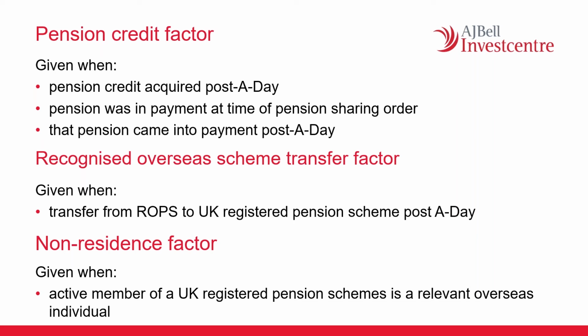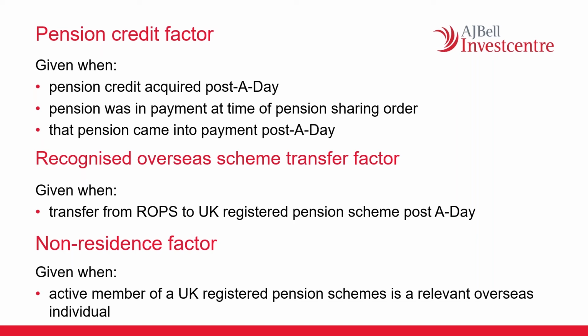If a pension sharing order then transfers them to the ex-spouse, it stops HMRC getting a second bite of the cherry of testing the same benefits twice because they're in different people's hands. As long as it's in payment and came into payment post A-Day, the person receiving that pension credit can apply for a pension credit factor.